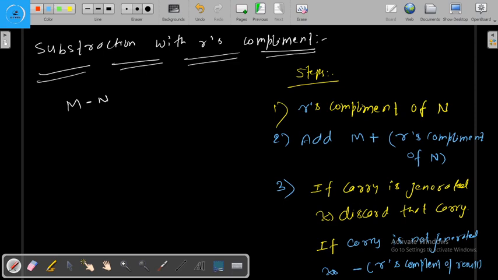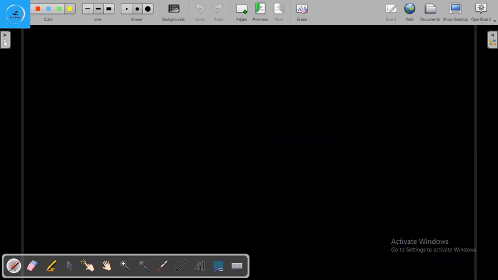If the carry is generated, we just discard that carry, and if carry is not generated, we find the R's complement of the result and put the negative sign in front of the result. Okay, let's see one example.